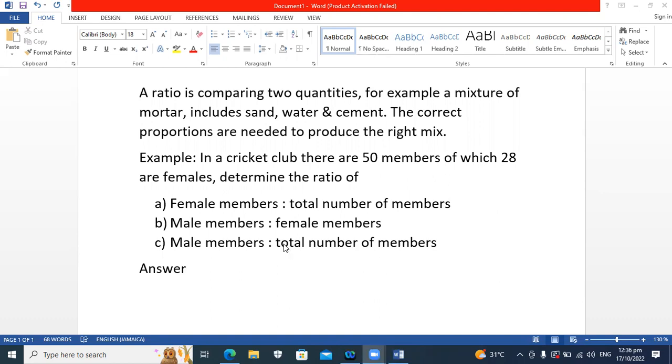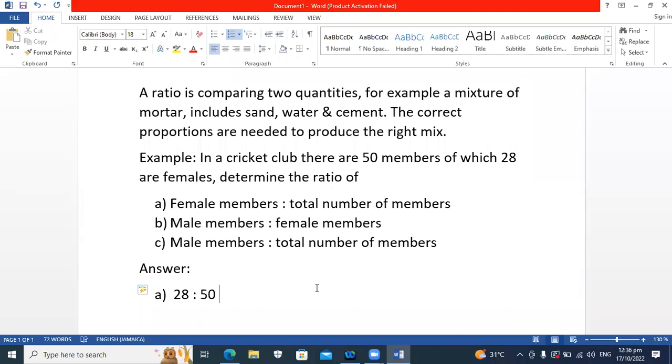So you notice it says female members to total number of members. So female is 28, so it's 28 to 50.